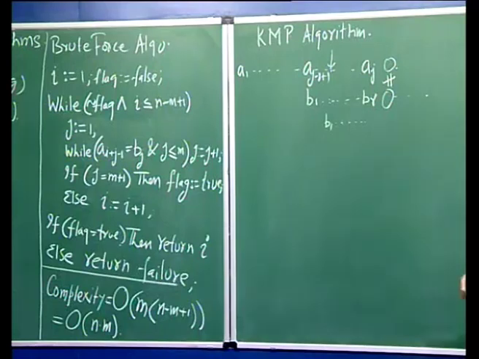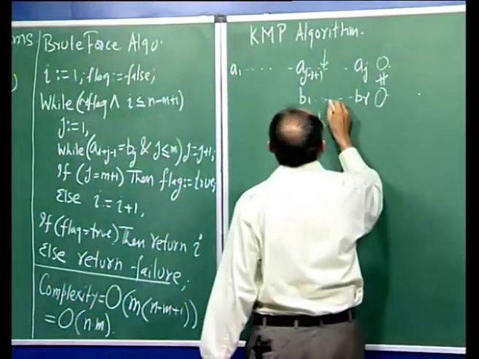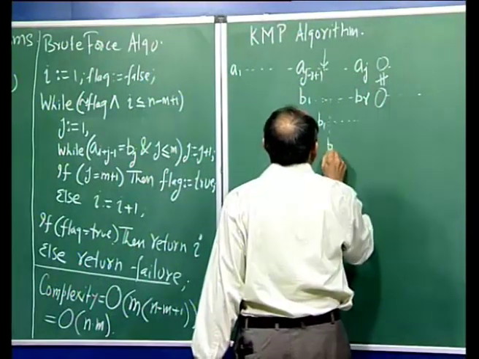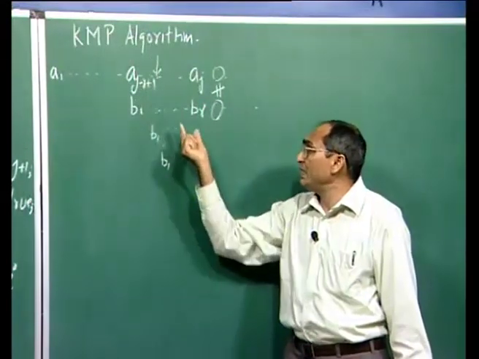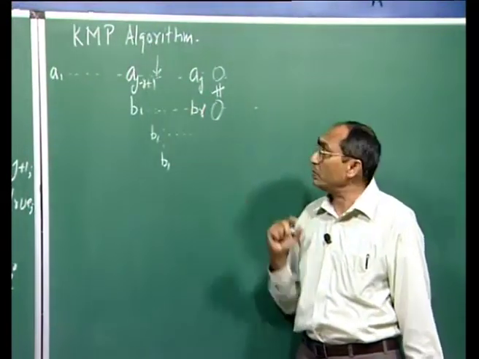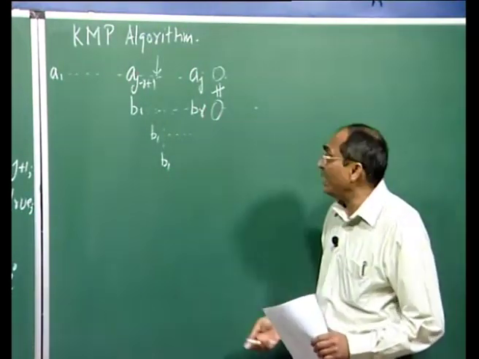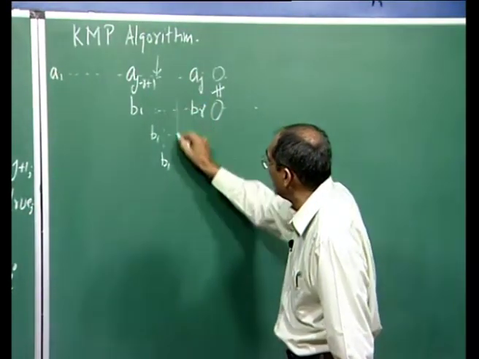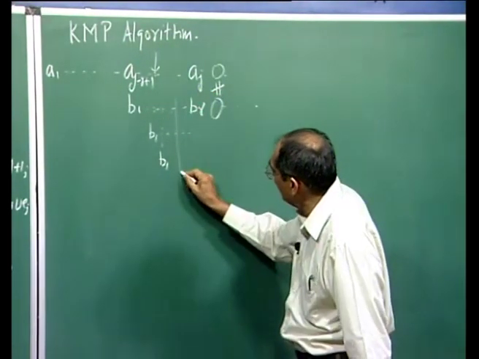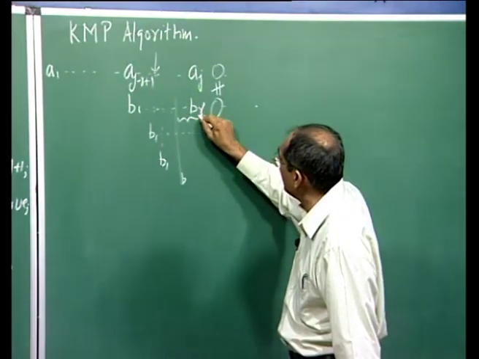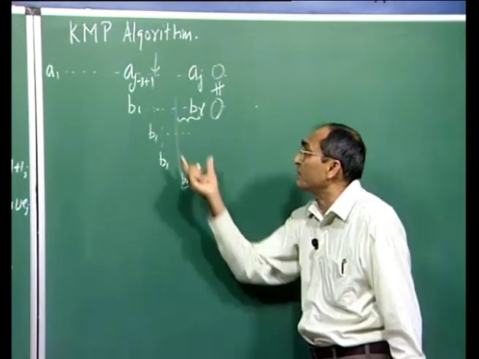And suppose we find that that is not working, then I will go to the next symbol and I will ask whether B1 is equal to B3 and B2 is equal to B4, and so on. I will continue to search, and maybe I will find eventually some place where a certain number of symbols here are same as the same number of symbols at the start of the B string.